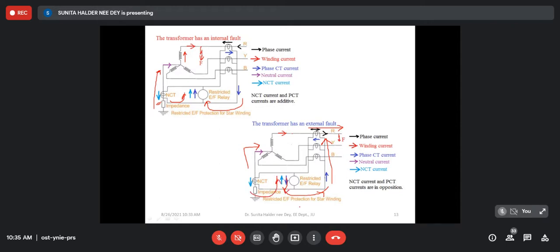So both currents are in opposition, and the relay will not operate. So the restricted earth fault relay is used to identify any internal fault in the star winding of the transformer. It is mainly used for the delta star transformer, and it is used to overcome the limitation of the differential relay.